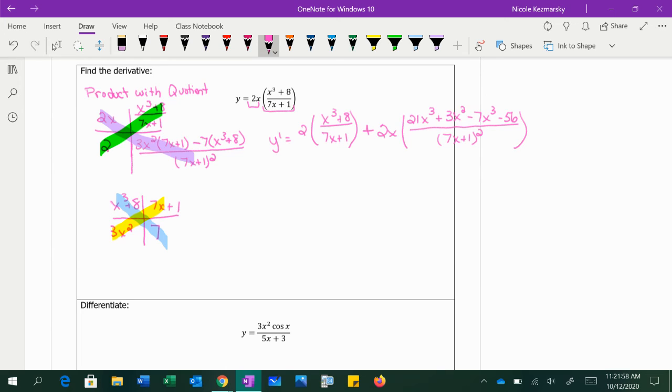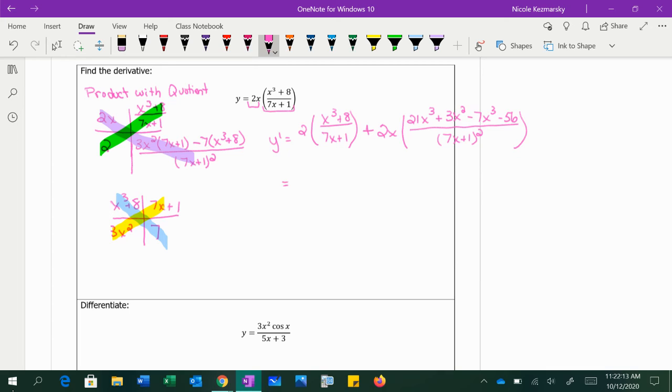I don't have to divide by anything because remember, ultimately I was doing the product rule. I already did the quotient in the lower right-hand corner of my main box. Okay. And it's okay to leave it this way. There are ways to clean it up.